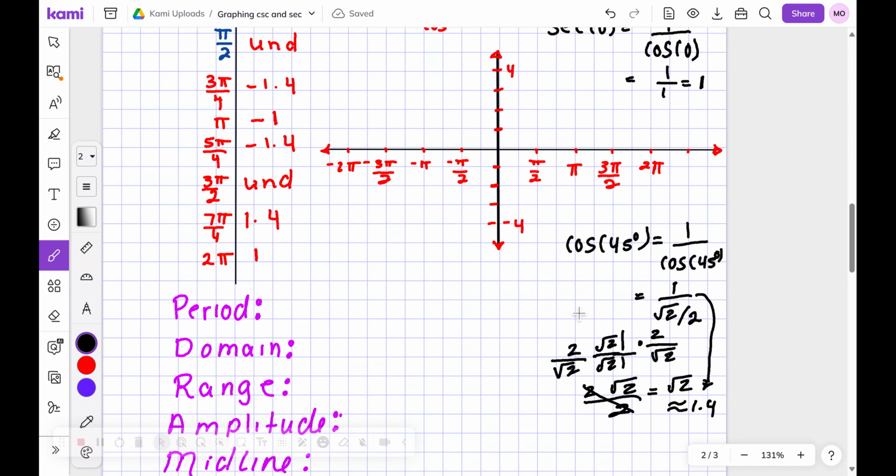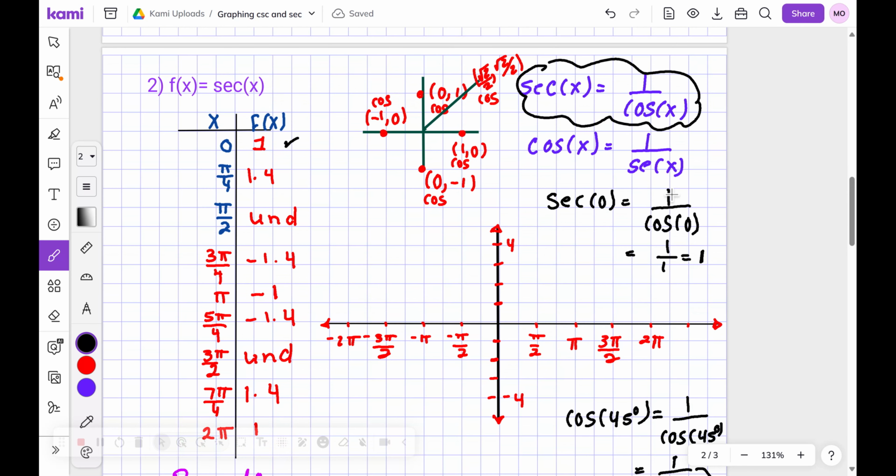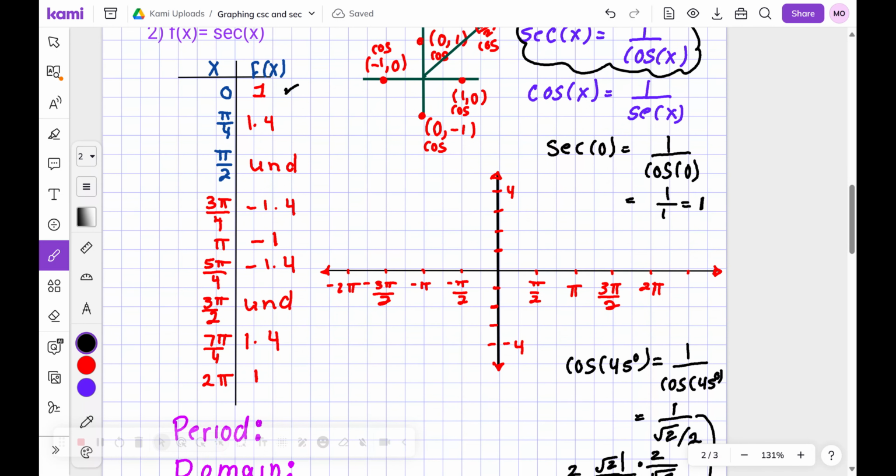Okay, so 1.4. And now at 90 degrees it is undefined, because if I do 1 over cosine of 90, cosine of 90 is 0, so 1 divided by 0 will give me undefined. And then I continue, I go around, so at 135, because cosine in quadrant 2 is negative, it is negative 1.4. At pi it will be negative 1.